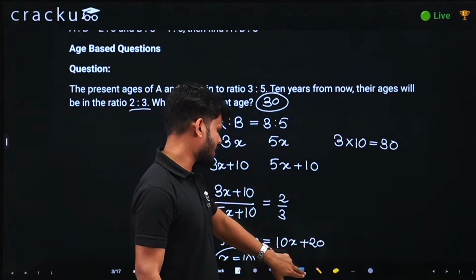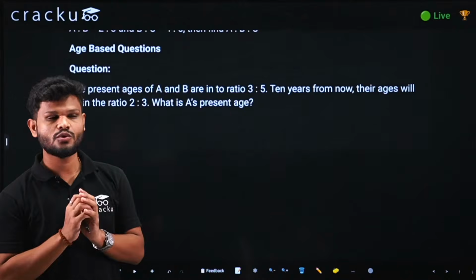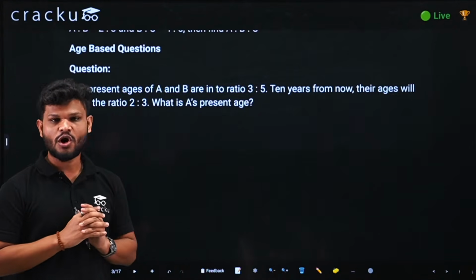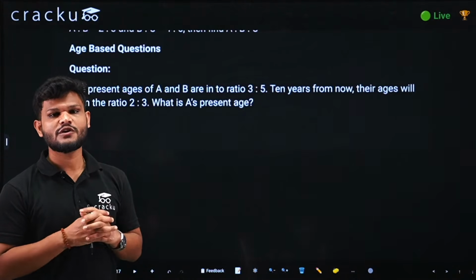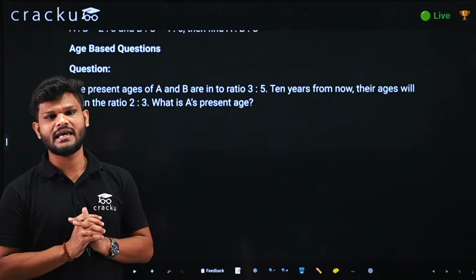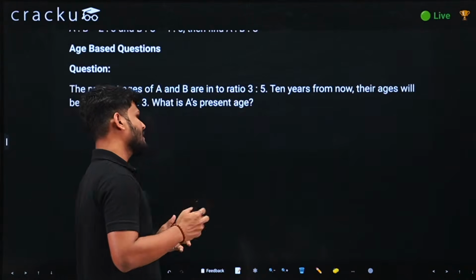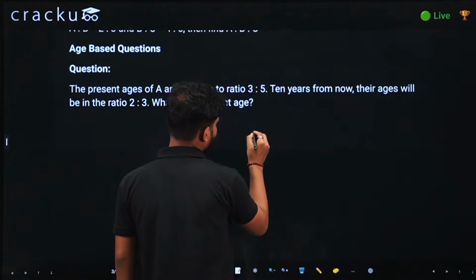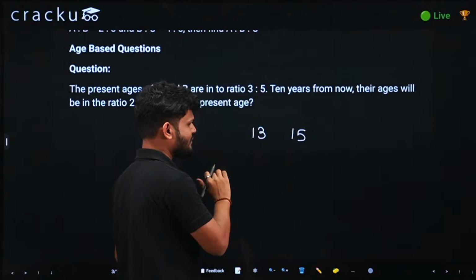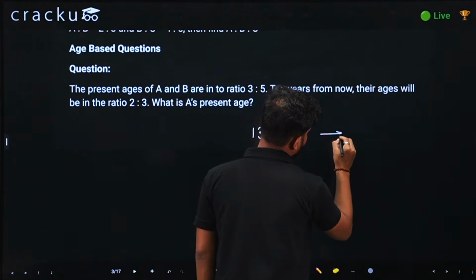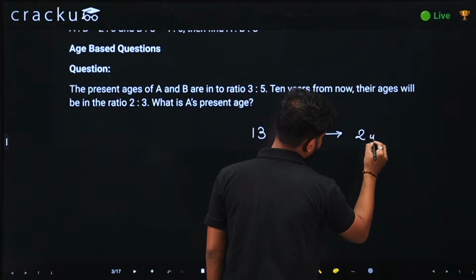Now this is a normal way to solve this. What is the shortcut way? The shortcut and elegant way is to understand one thing. What? The difference between the ages of these two people in any year will be constant. Why? Let us say present ages of A and B are 13 and 15. For example, okay, this is not the actual value. What is the difference between their ages? It is 2 years.